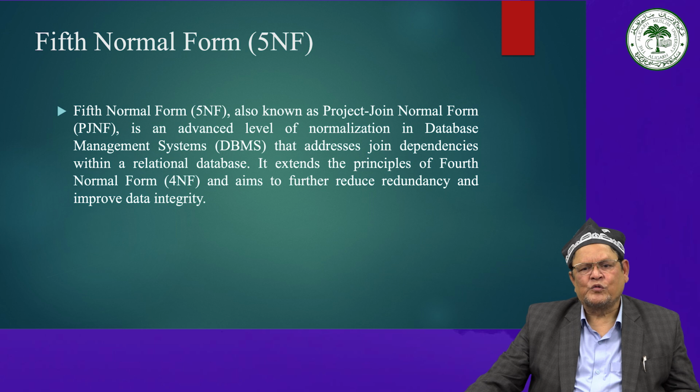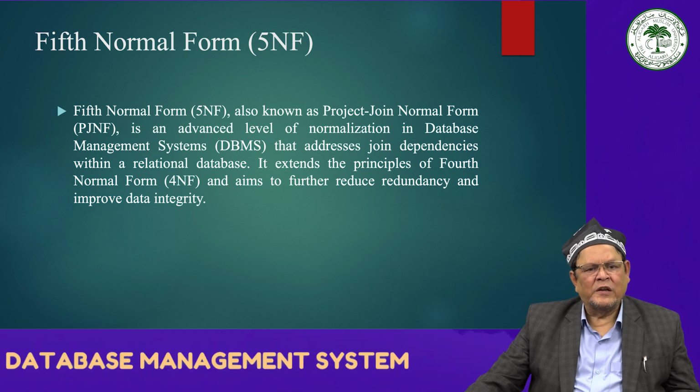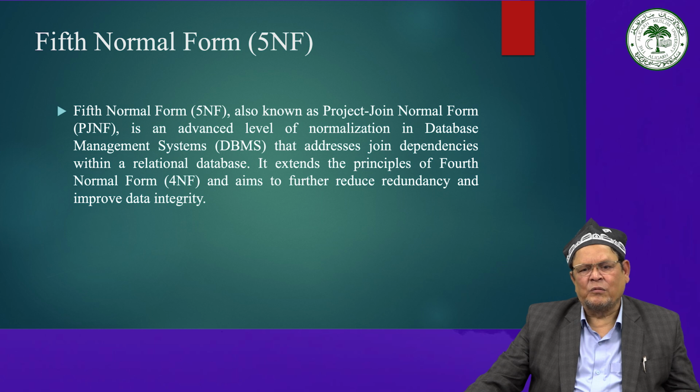Fifth NF aims to eliminate such dependencies by decomposing tables into smaller, more granular tables, each representing a distinct entity or relationship. This decomposition ensures that each table contains only attributes that are strictly related to the primary key and does not rely on other tables for information.